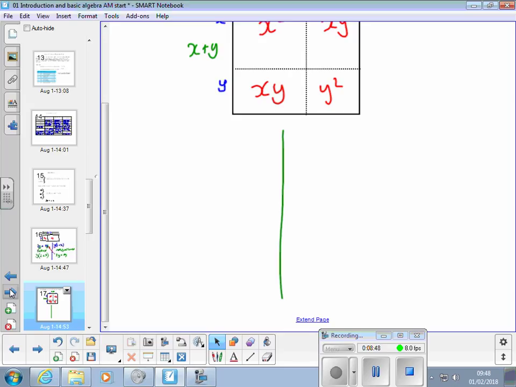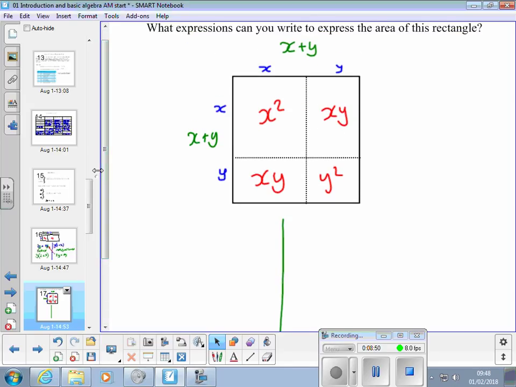So what would the red one be? We've got x squared, we've got xy and xy, so we can straight away say that's plus 2xy, and then plus y squared.